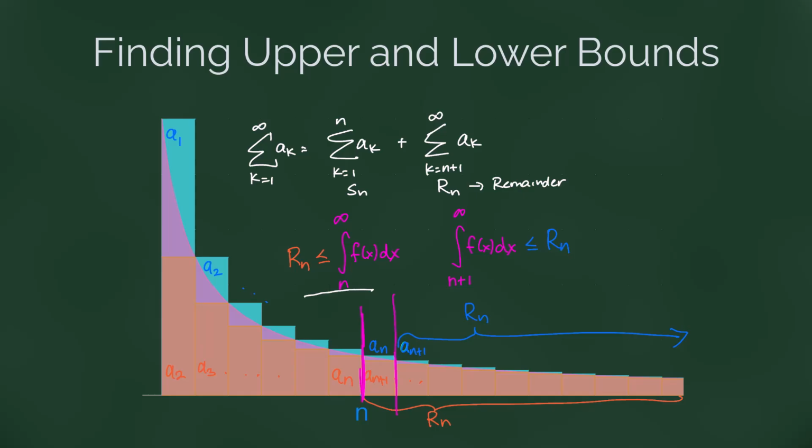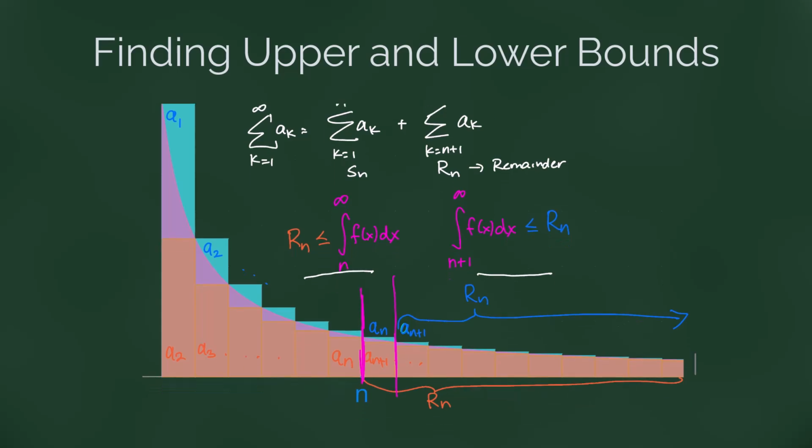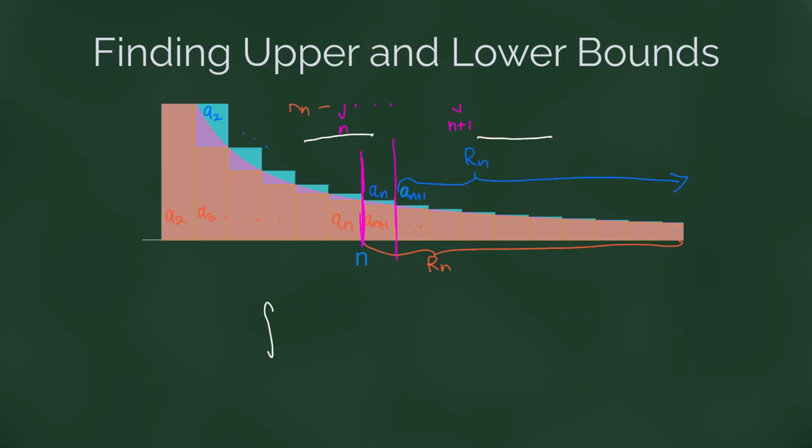But switching to this inequality, the pink area is smaller than the blue area when we start at n plus 1. How is this helpful to us? Well, let's combine these two inequalities into one string of inequalities: the integral from n plus 1 to infinity of f of x is less than or equal to r sub n, which is less than or equal to the integral from n to infinity of f of x dx.